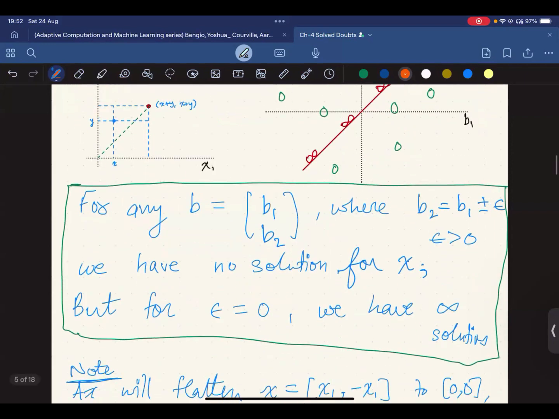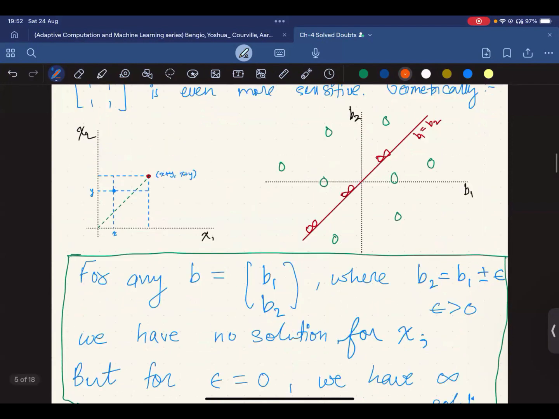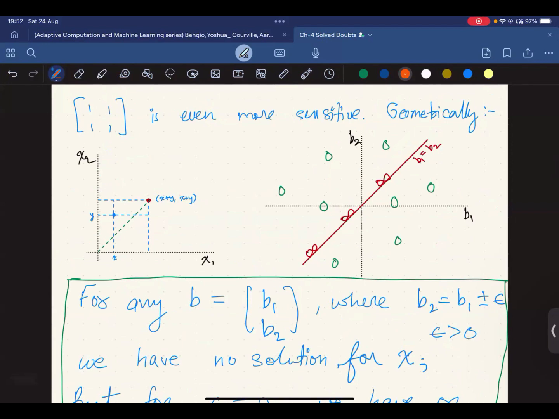So for any value close to this line, there's no solution for x. But on this line, we have infinite solutions, because if 1 1 1 1 times x1 x2 equals 2 comma 2, then x1 plus x2 equals 2. Now you can just vary x1 and x2 over real numbers and get different solutions, an infinite number of them.